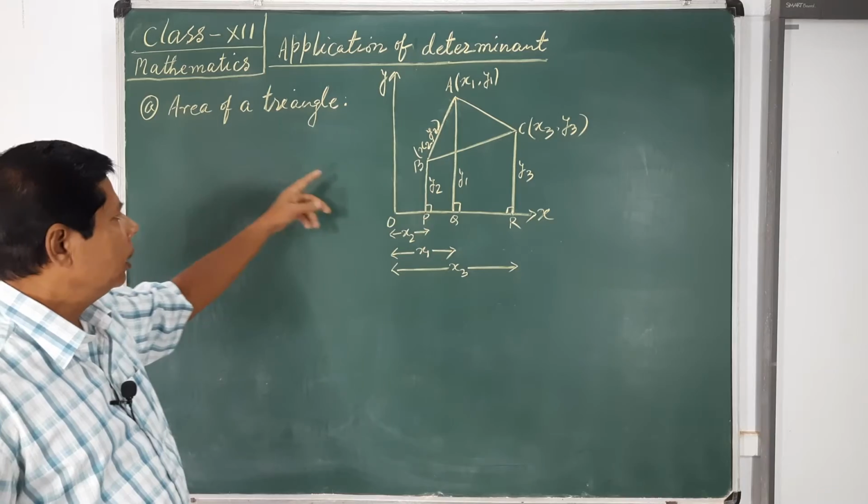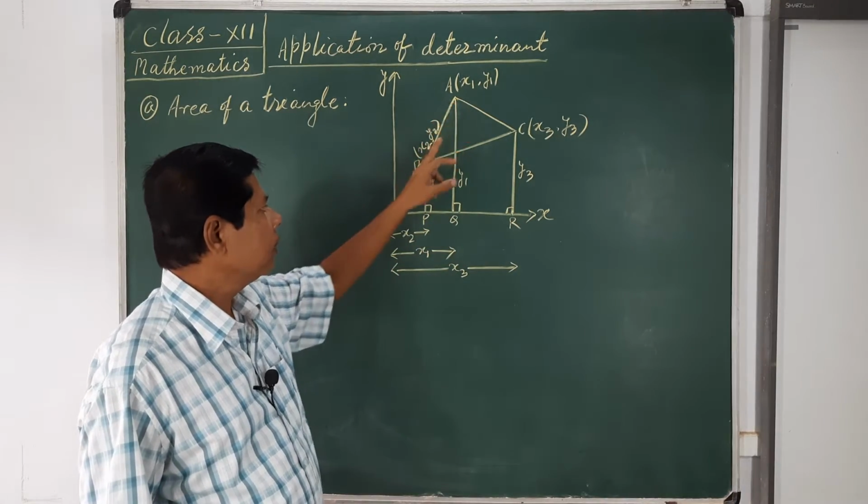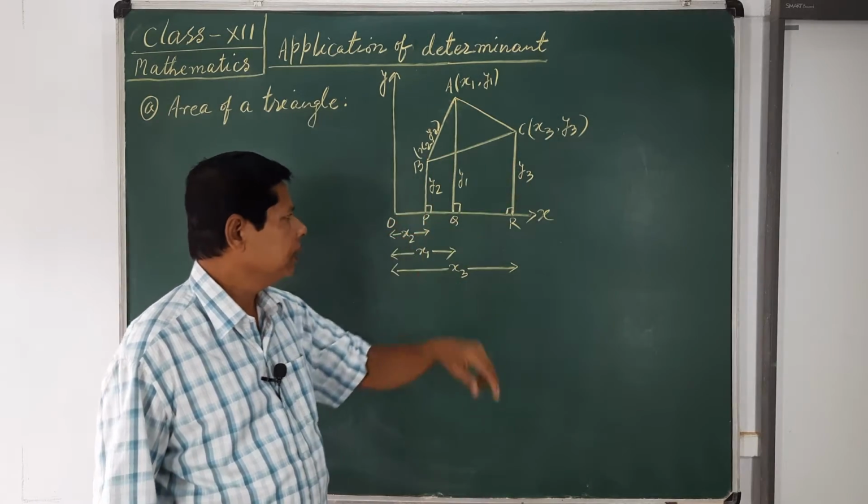Now, let us consider a triangle ABC whose coordinates are x1, y1, x2, y2 and x3, y3.